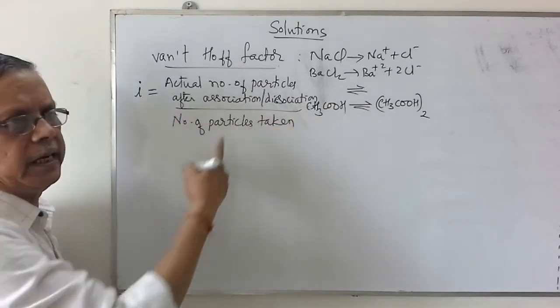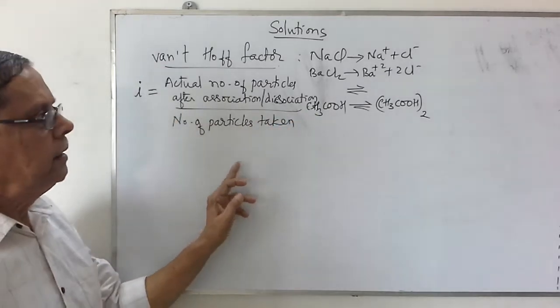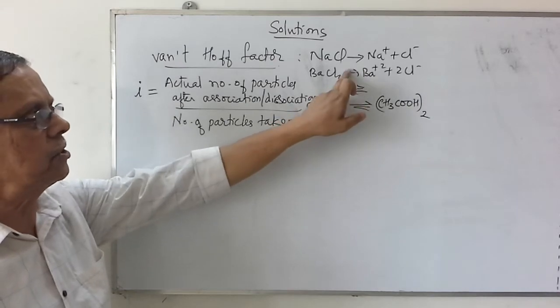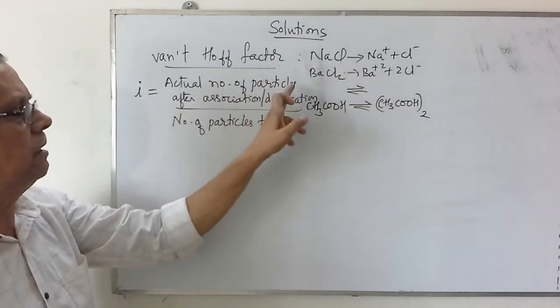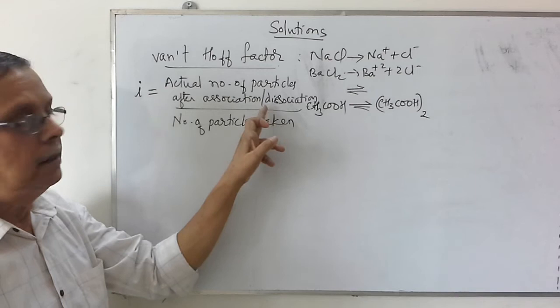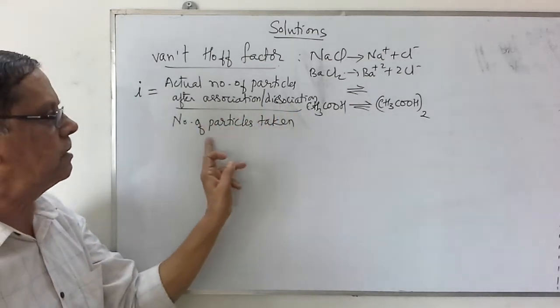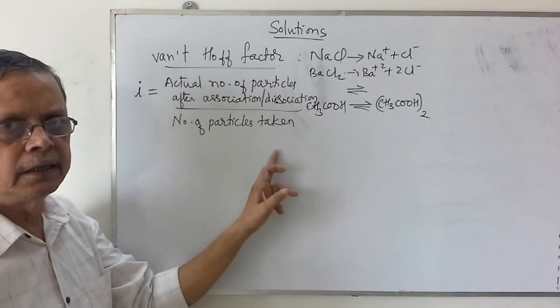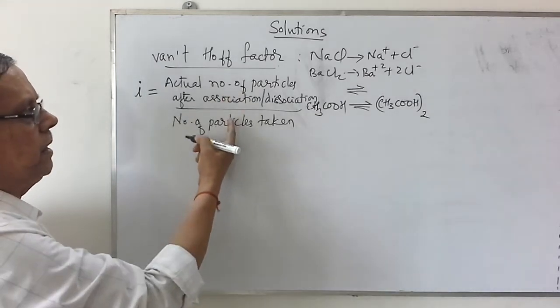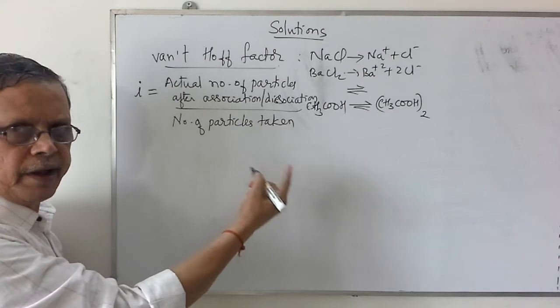So this is one method to express the Van't Hoff factor. In the case of dissociation, there will be an increase in the number of particles. In case of association, there will be a decrease in the number of particles as compared to the number of particles taken. Depending on the number of particles, the colligative property varies.